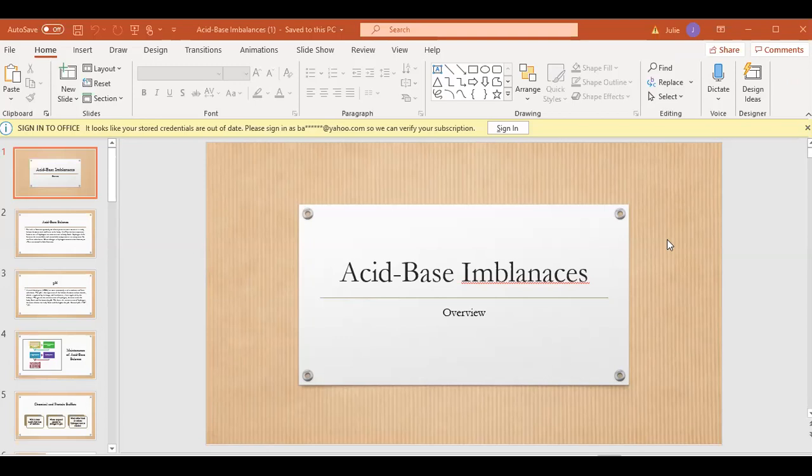Okay. Another thing I want you to write down, there's a mnemonic. It says ROME, R-O-M-E. So R means respiratory, O means opposite, M means metabolic, and E means equal.